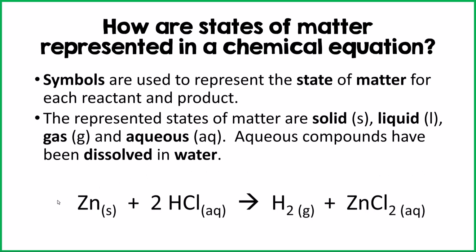So if we were to write the same equation, it's balanced because we now have our 2 moles of hydrochloric acid here. If we were to write this with our states of matter, this is what it would look like. Solid zinc plus 2 moles of aqueous hydrochloric acid yields hydrogen gas plus aqueous zinc chloride.